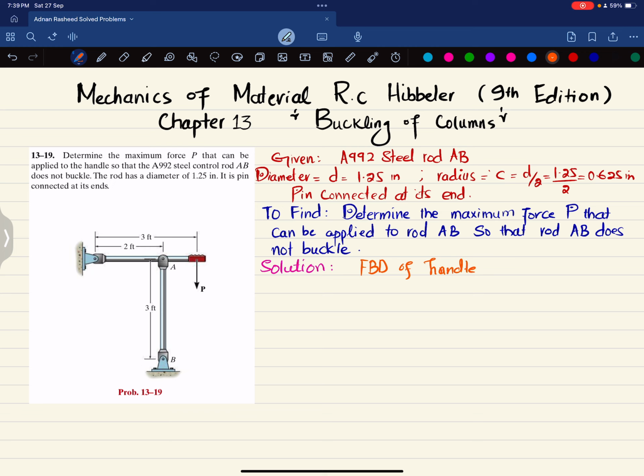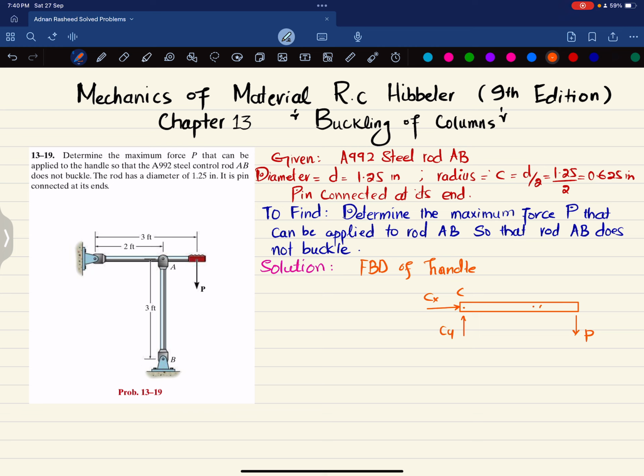For that, if I assume this handle is like this, and at one end we have load P, and this is your point C, for example, at the other end. You can see the end is pin supported. So when you remove this pin support, you will have a horizontal reaction force as well as a vertical reaction force CY.